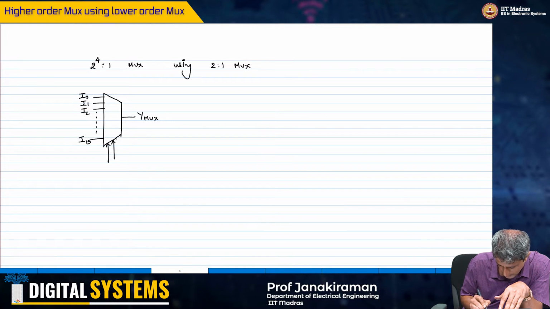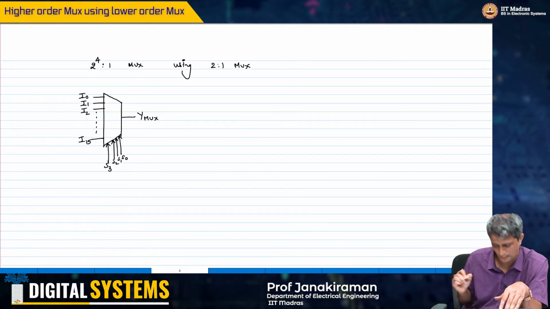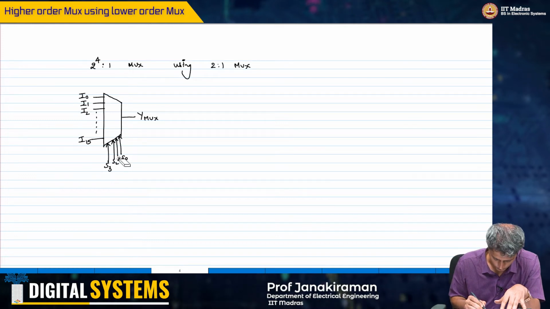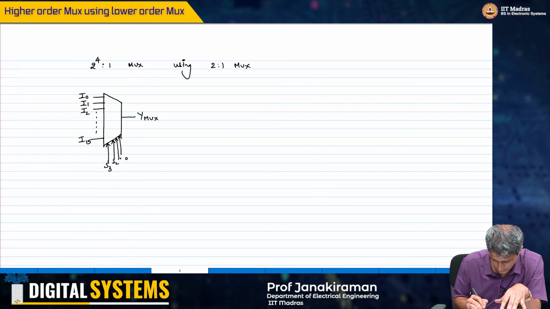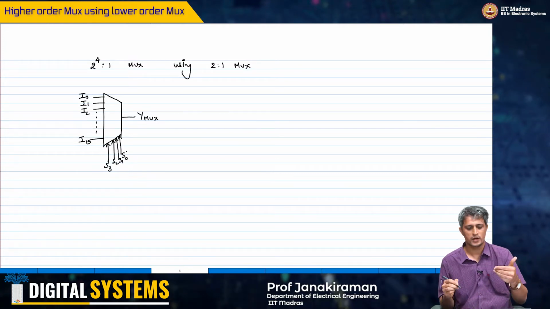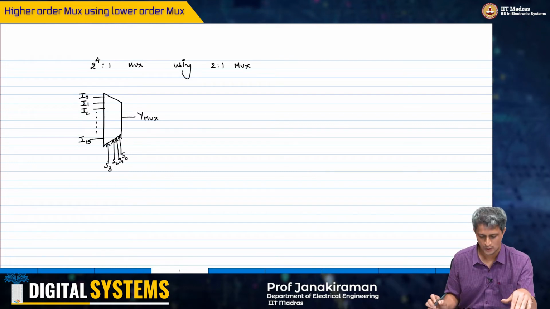I have 4 select lines: S0, S1, S2 and S3.